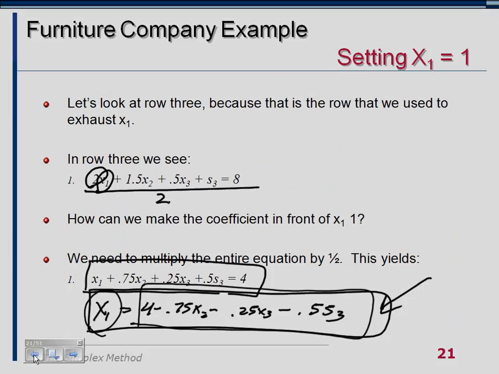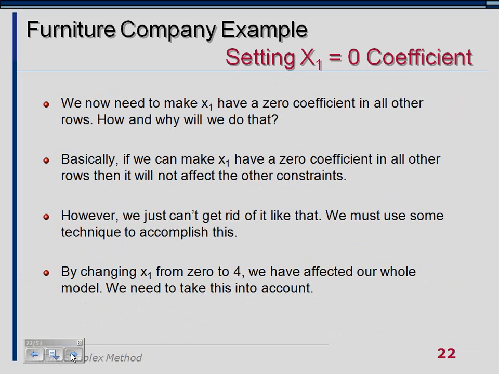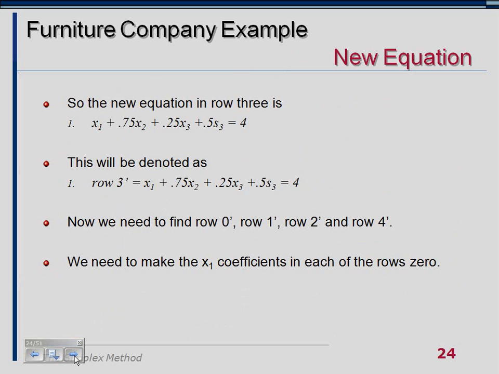We got rid of x1 out of our whole model except just one little equation. All right? So if we went in and subbed in row 0, row 1, row 2, and row 4, not row 3, because row 3 is where we decided we're going to manipulate x1, that we could rewrite them in terms of the other variables that didn't include x1.